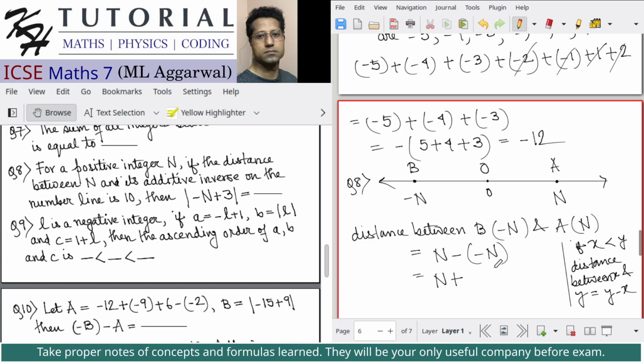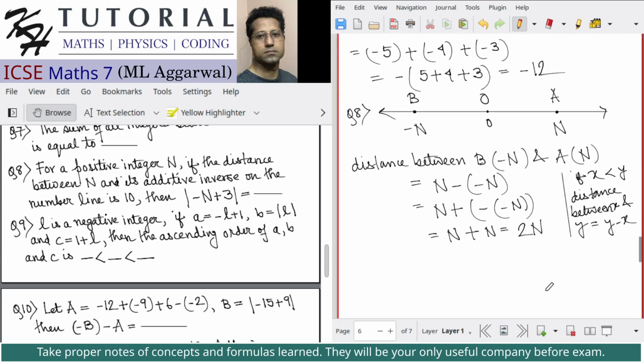So this is n, and we are subtracting minus n from n, which means I can convert the subtraction operation to an addition operation as n plus negative of negative n. So this is n plus n. Obviously this is twice n.